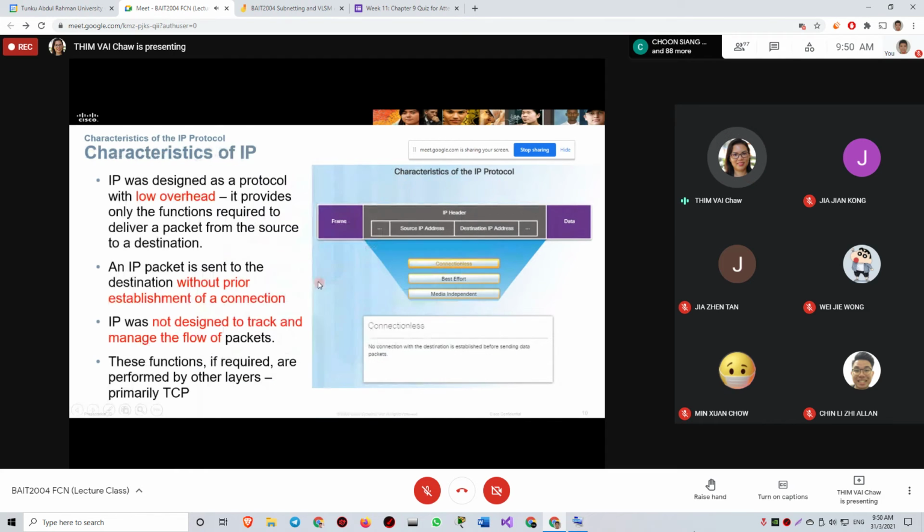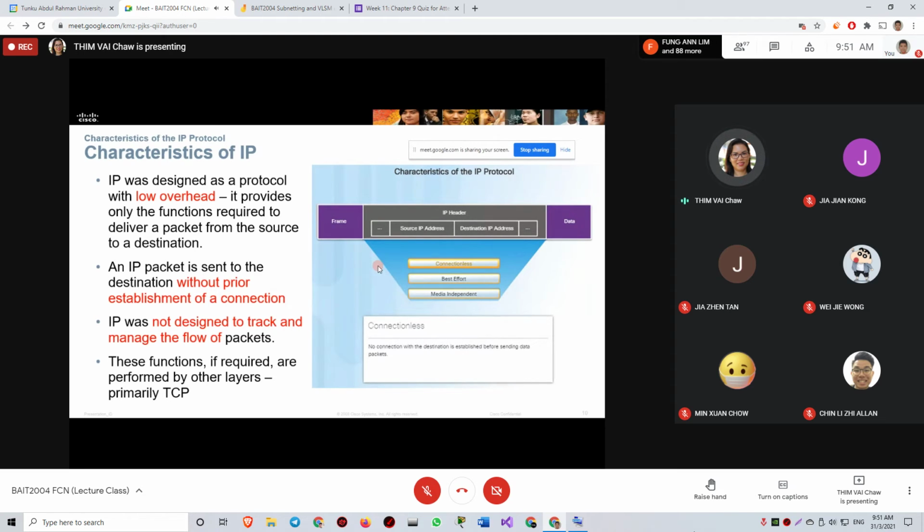Next, we talk about the characteristics of IP. The IP protocol has three characteristics: connectionless, best effort, and media independent. Before I explain, the conclusion is that the IP protocol has these characteristics because other layers take part and provide the functions for it.